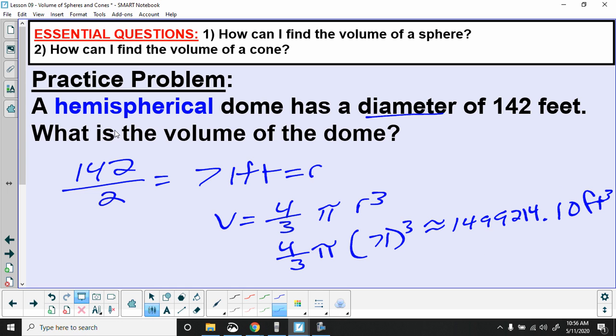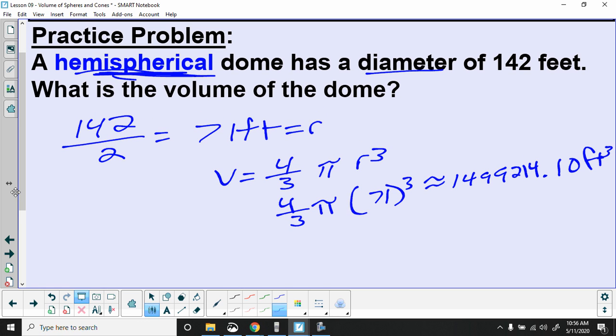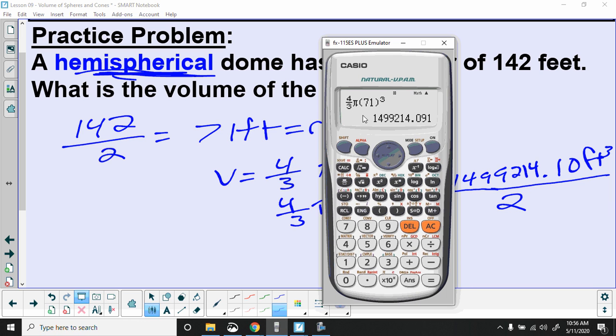Now, fun fact. They want the hemisphere. We didn't incorporate the hemisphere. We incorporated the whole sphere. So a hemisphere is half of it. So use that logic. We're just going to divide this by 2. So let me drag this back over, and we're going to divide by 2.